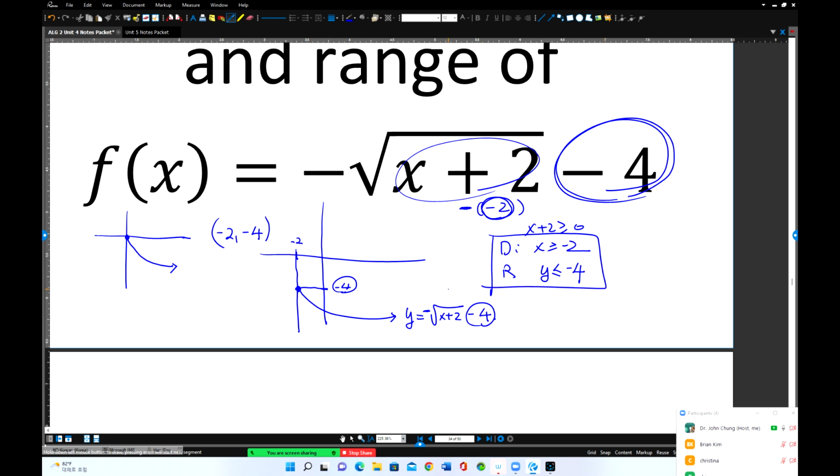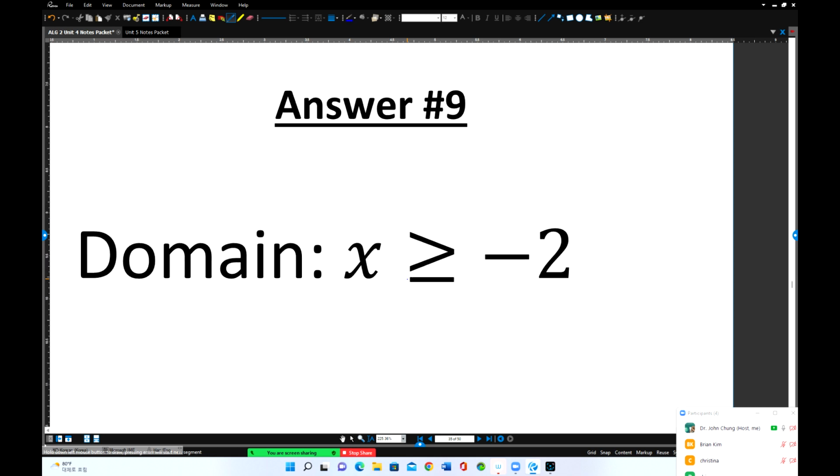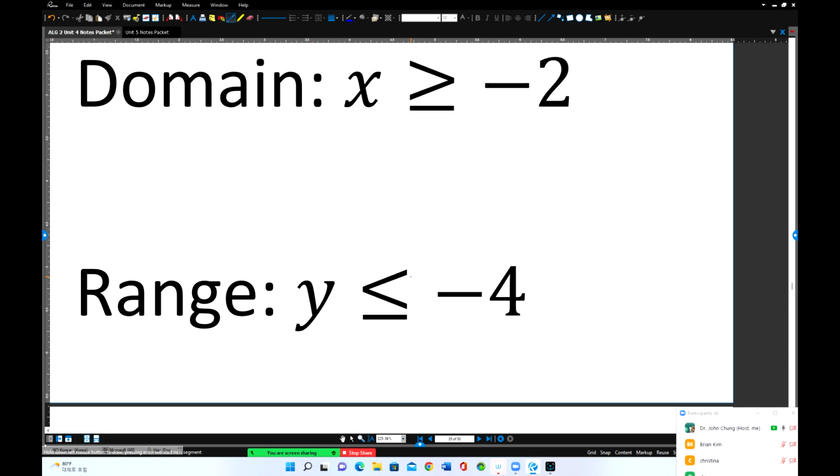The range and domain of a radical function is very important. The graph looks like this: negative 2 over here, negative 4 over here. This is our starting point, and the graph is going down.